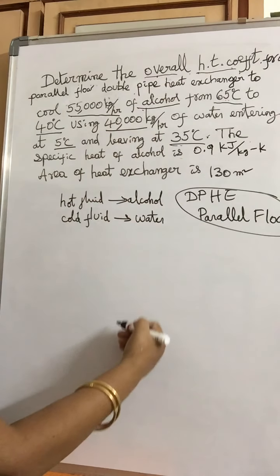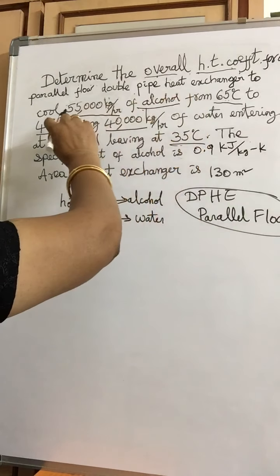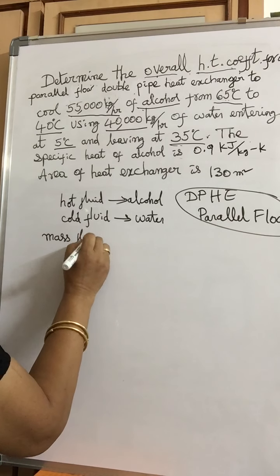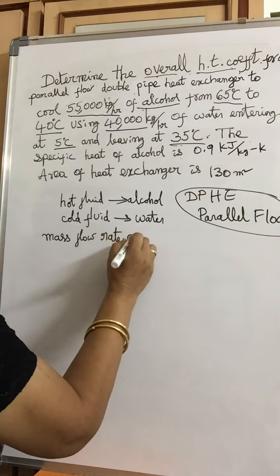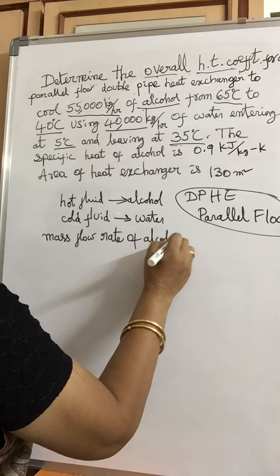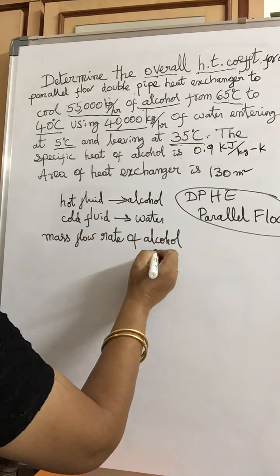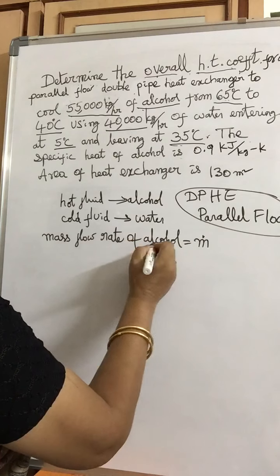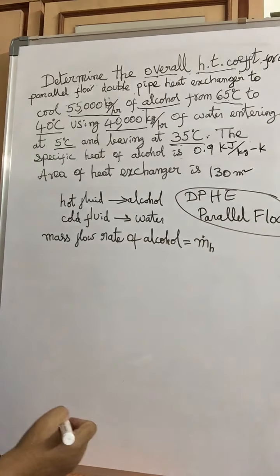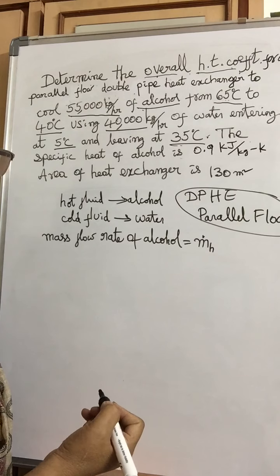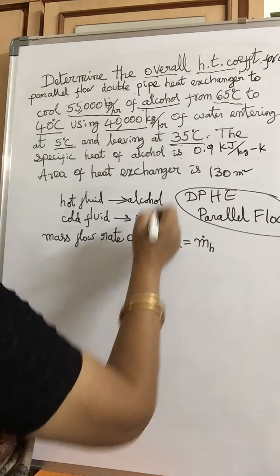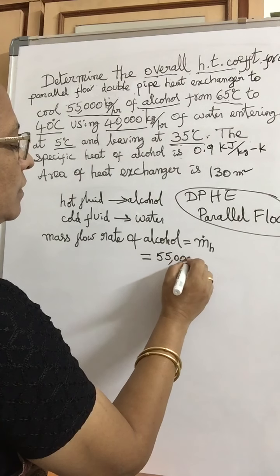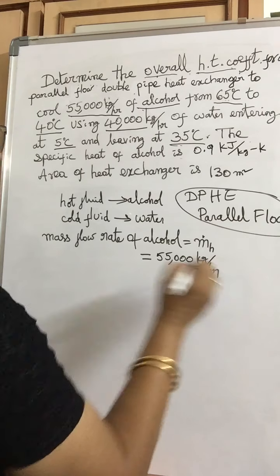Now, what is the given information? We will write it first. Mass flow rate of alcohol is given. Alcohol is the hot fluid. Mass flow rate is m dot, so it is denoted by m dot h. How much is it? m dot h is 55,000 kg per hour.